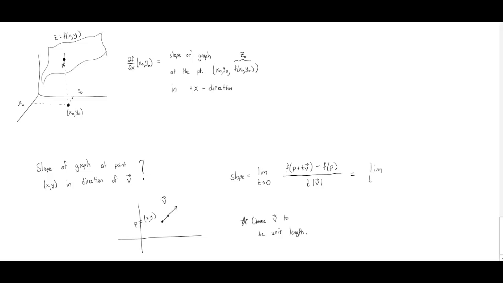So if I do that, this limit that we end up getting is basically the definition of derivative that you guys learned from Cal 1. Specifically, this limit is actually just a derivative of the function f of p plus tv, evaluated at t equals 0, because we were doing the limit as t approaches 0, okay?